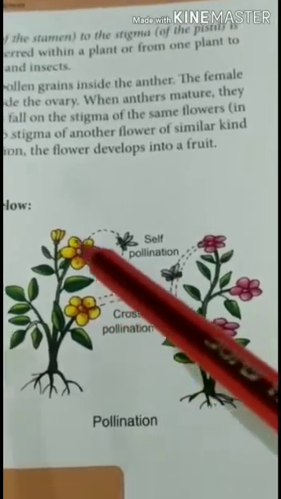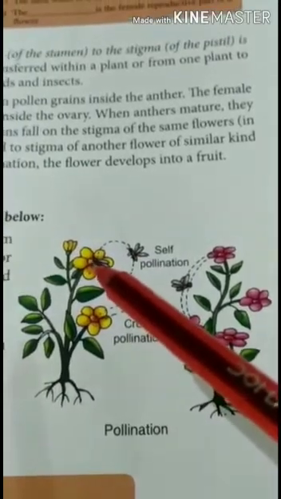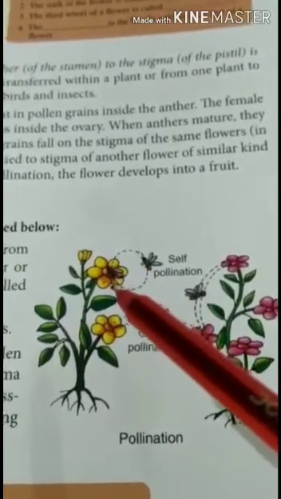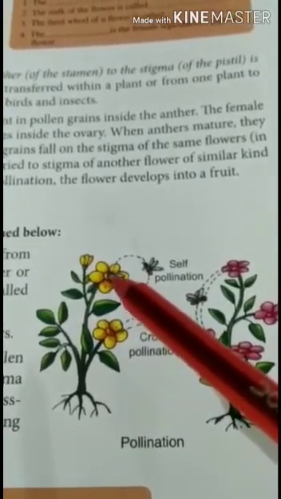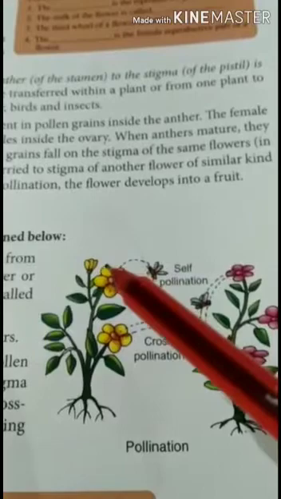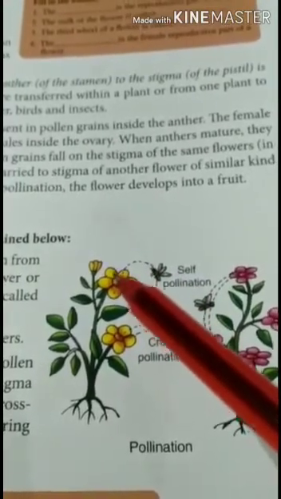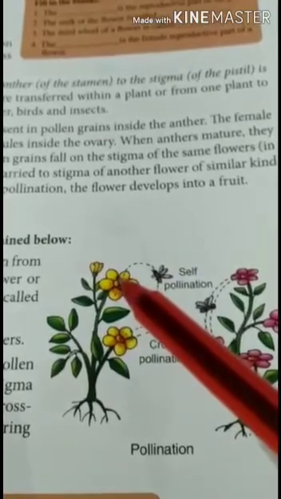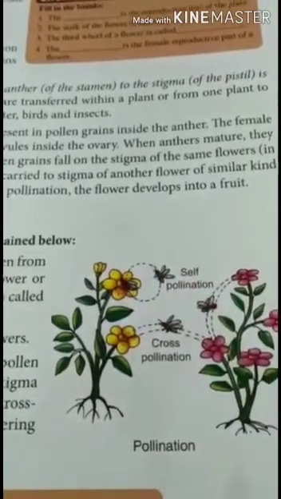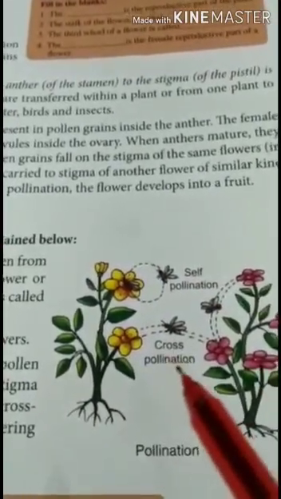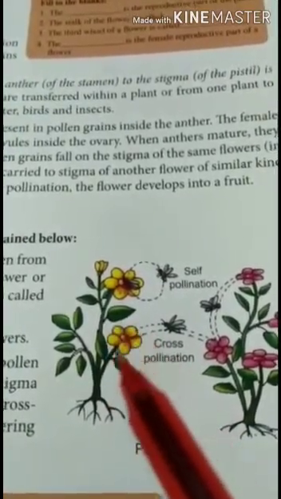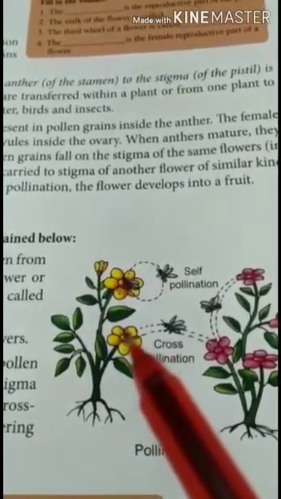If the yellow flower has both stamen and pistil, both male and female reproductive parts on the same flower, then there is a chance of transferring pollen grains from anther to the stigma of the same flower, or from anther of one flower to another flower of the same plant. That is called self-pollination.